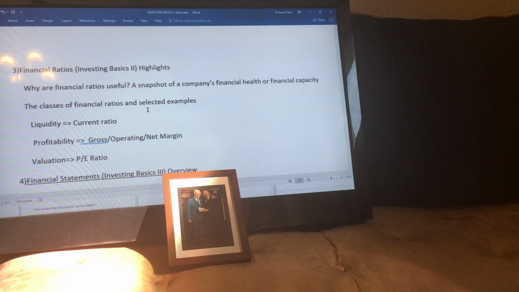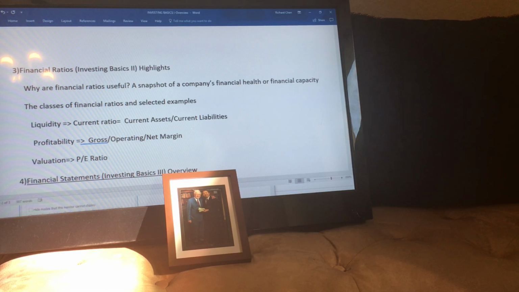So the current ratio is basically, we're going to have to do some accounting here, and we'll have to define current assets and liabilities a little bit later, probably within the next 10 minutes or so.